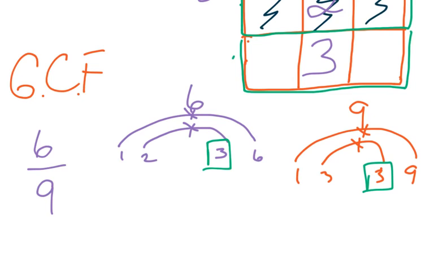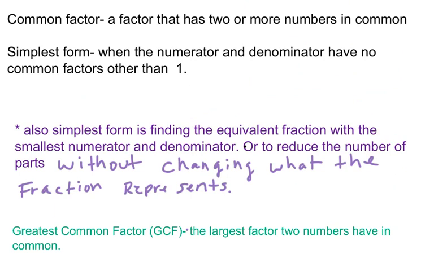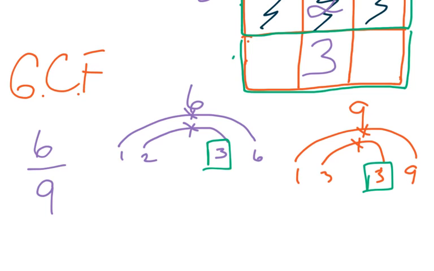And remember, when we are reducing fractions or simplifying fractions, we're using division. And like I said, when we simplify fractions, let's look at our vocabulary. The only common factor that we want our denominator and numerator to have is 1. So this is what we're going to be looking at.